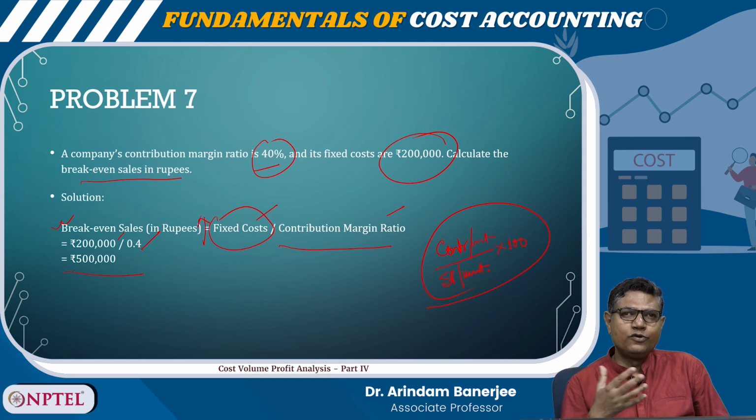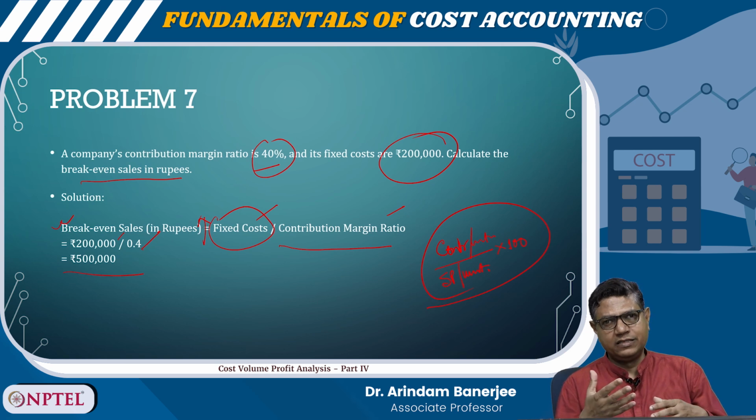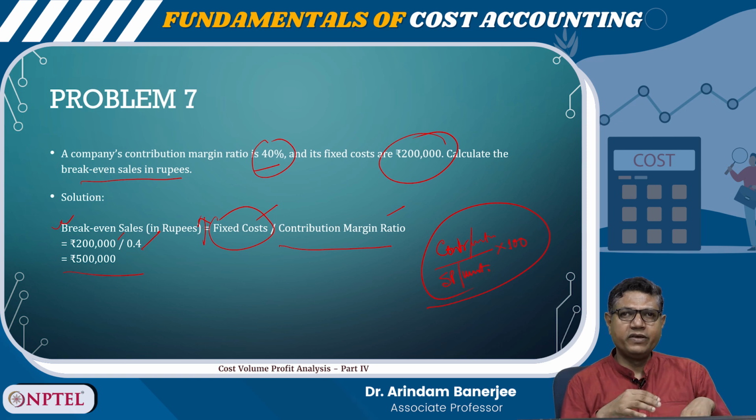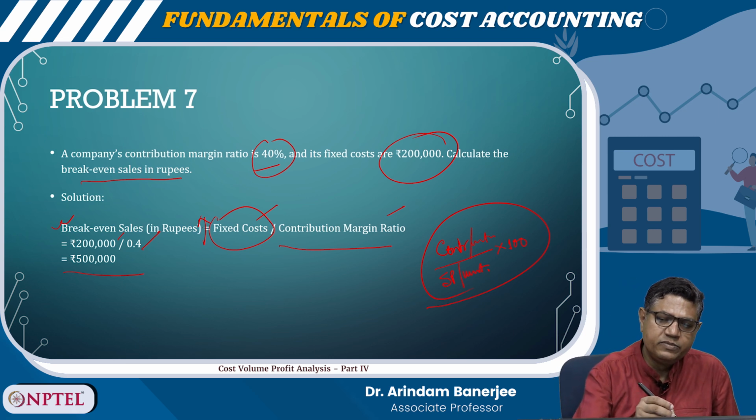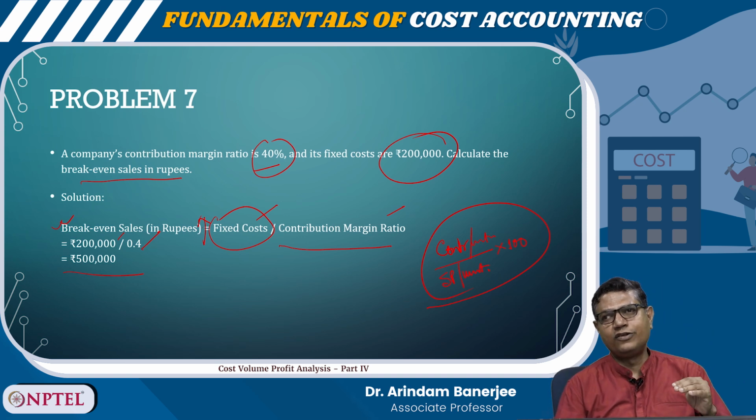So, all these resources they need to accumulate before going for this. On the other hand, if they keep this fixed cost level low, then what will happen? The break-even sales will also be low. But you see, if the company keeps the fixed cost level on the higher side, and variable cost on the lower side, then what will happen?